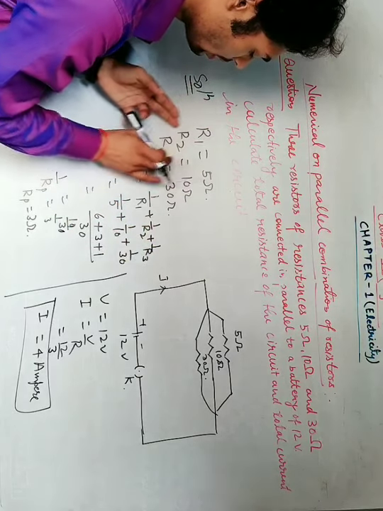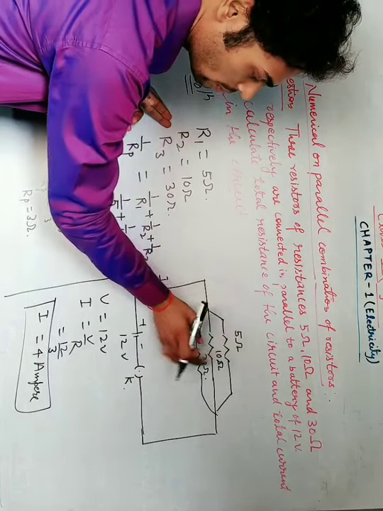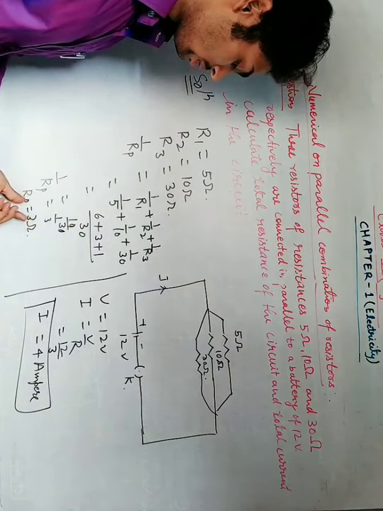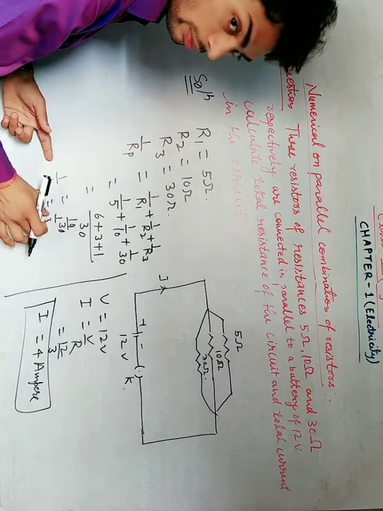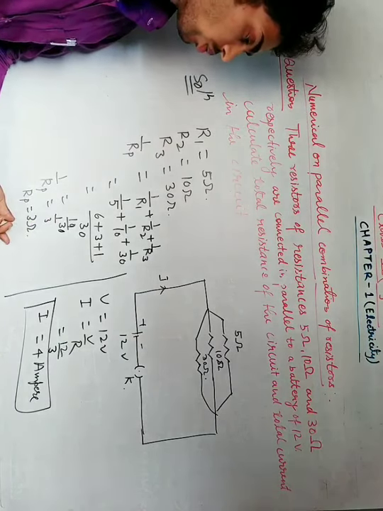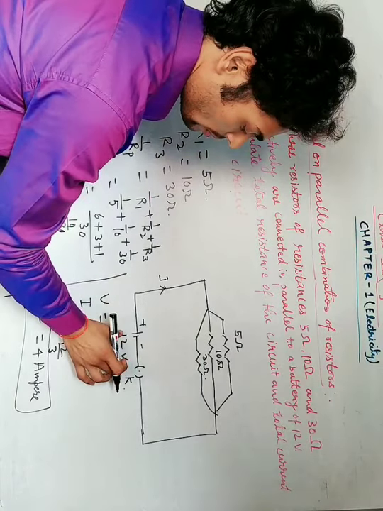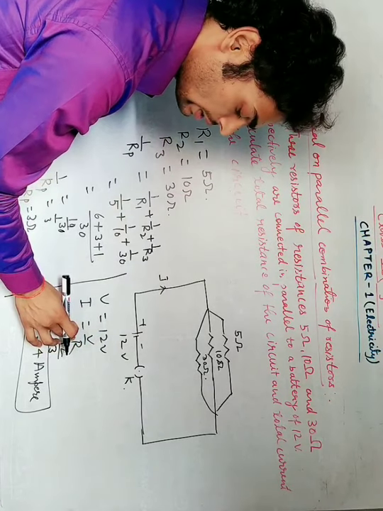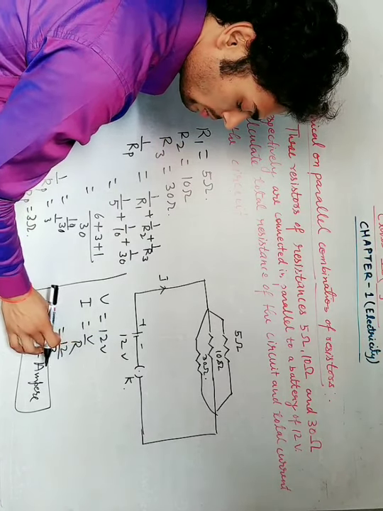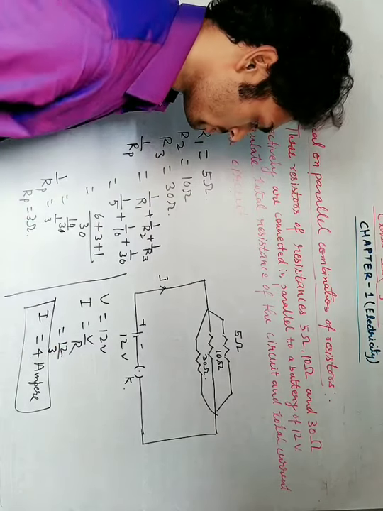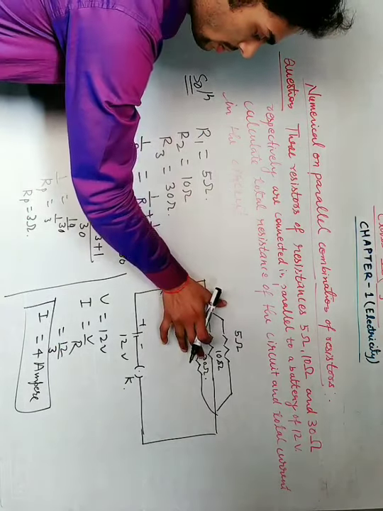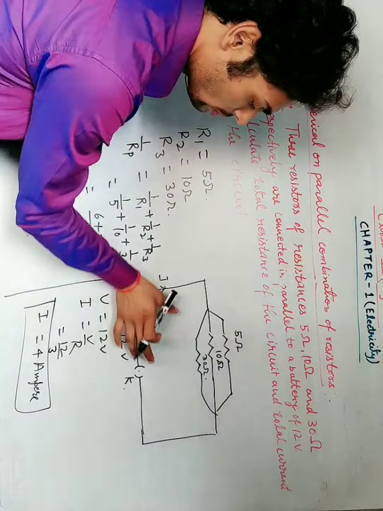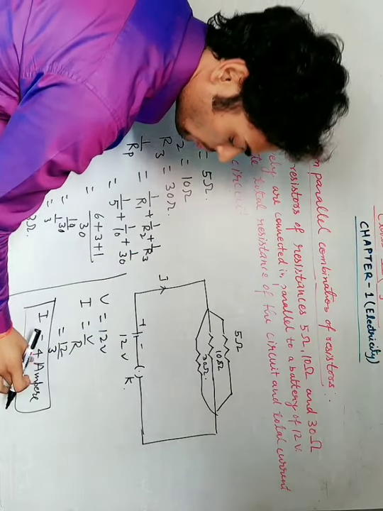Put in the values of R1, R2 and R3 and find the value of Rp. 1 by Rp equal 1 by 3, then Rp equal 3 ohm. The potential difference is given, V equal 12 volt, and I equal V by R. Then I equal 12 by 3, I equal 4 ampere. So in the parallel combination of resistors, the equivalent resistance is 3 ohm and the current flowing through these resistors is 4 ampere.